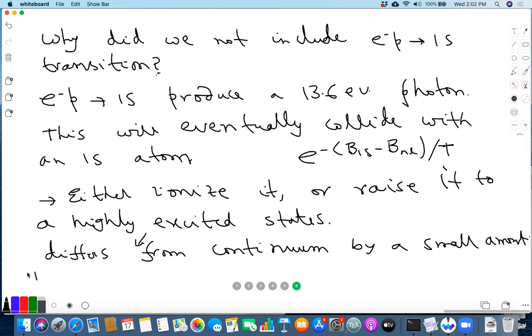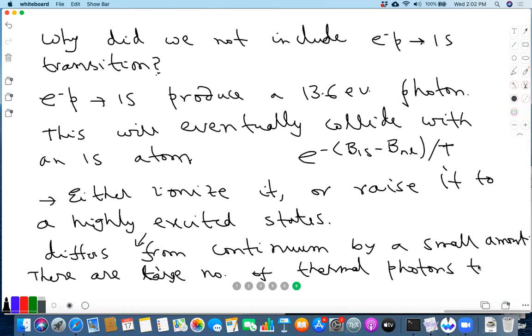And there are a large number of thermal photons that can ionize this, and indeed it will ionize it.